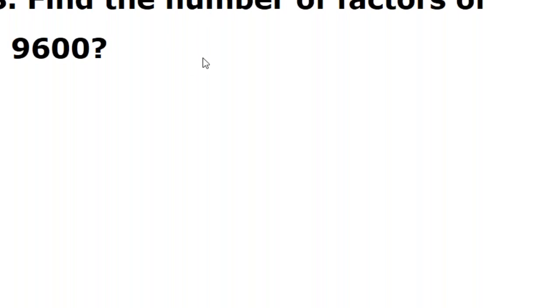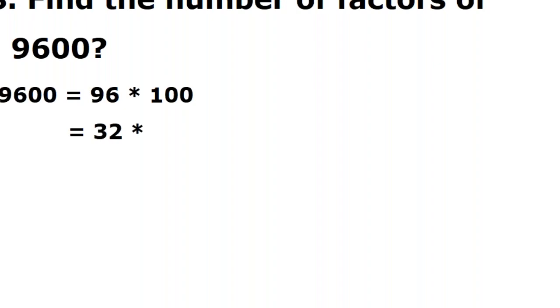So whenever a larger number like 9600 is given, this is the way. No need to go for the division method to find the prime factorization. 96 into 100. 96 you can write in different ways, but as I already told, 32 into 3 is 96. 100 means 10 square. Why should we take 32 into 3?